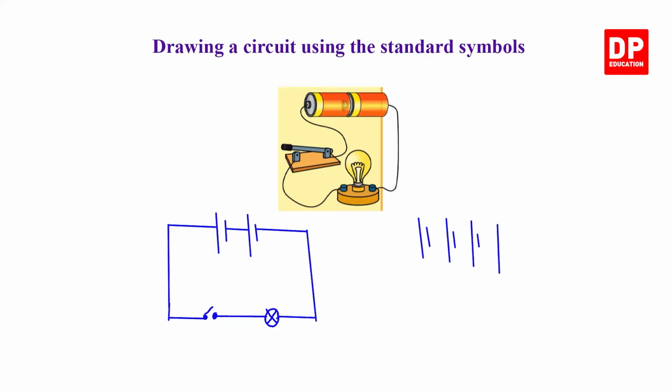So you have to connect them to each other like this. And then we'll connect a galvanometer here. So you all know galvanometer, circle, and inside the circle, capital G, right?